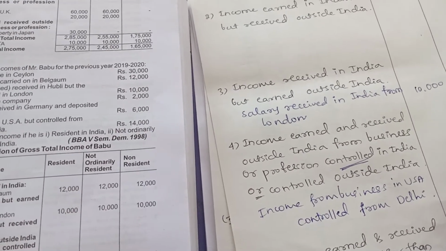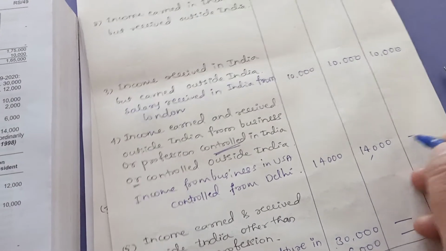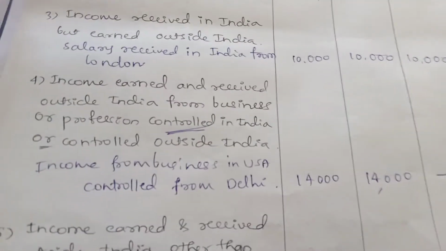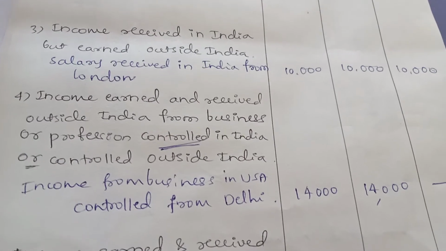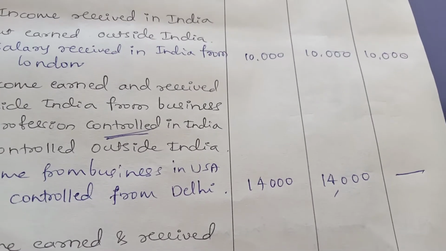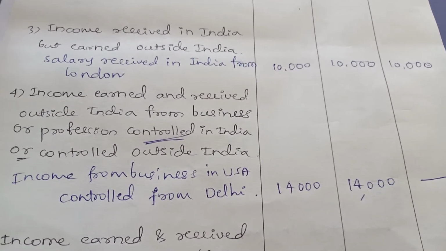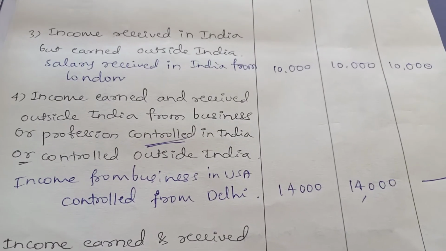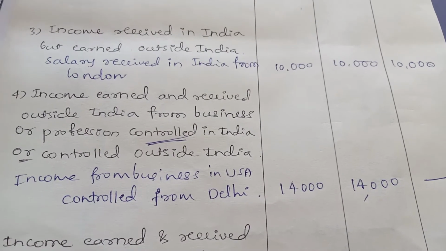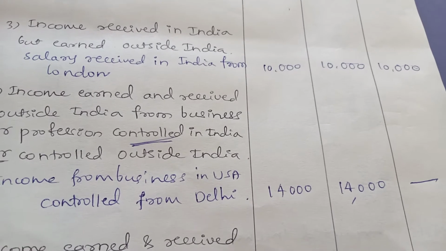If the word is controlled in India, the first two assessees will be taxable and the last will not be taxable. If it is controlled outside India, the first assessee will be taxable and the next two will not be taxable. Here the word controlled in India has been given, so we can tax the first two assessees. That is why in the first two columns I have written the amount as 14,000.